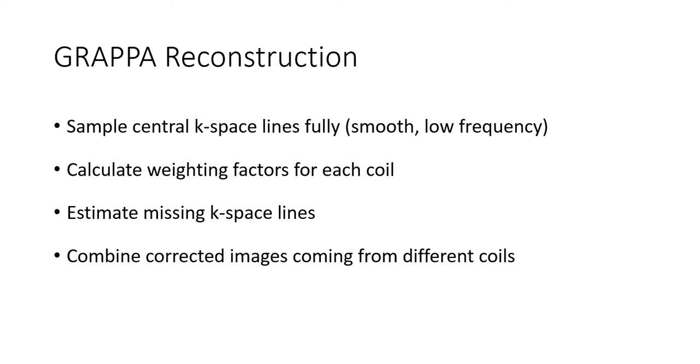By central I mean the low frequency content of images, and this is because brains or any other body parts are usually smooth, which means that the most significant content of the image is stored in the low frequency part of the K-space. So it is important that we fully sample this part, and as we go away from the center, we sample fewer and fewer lines.